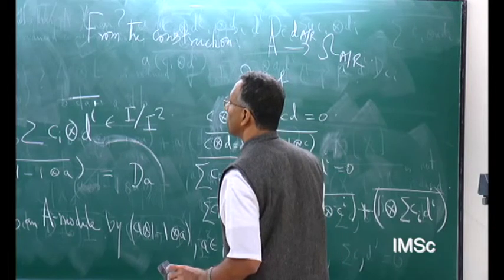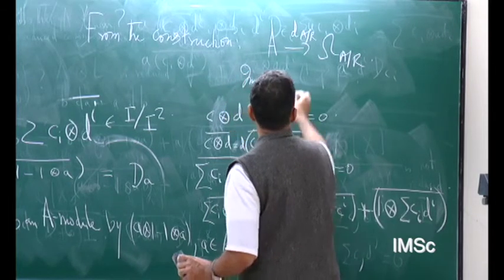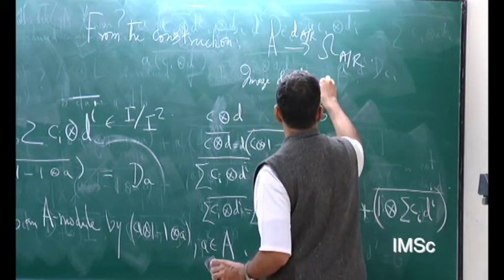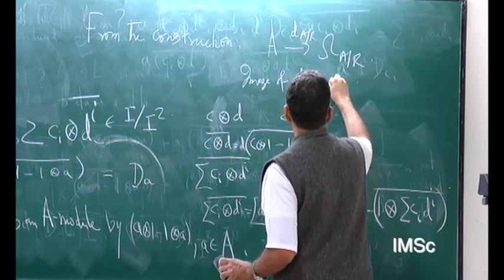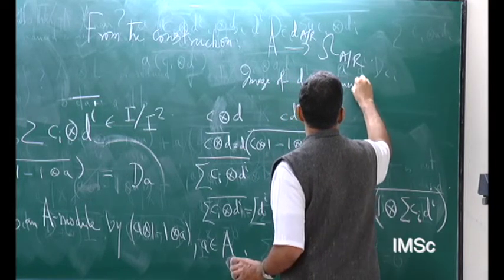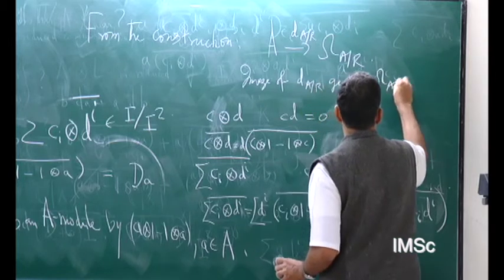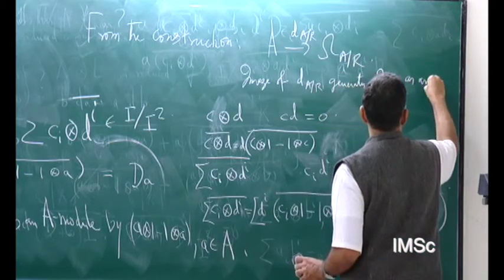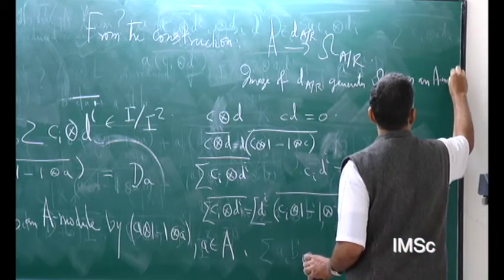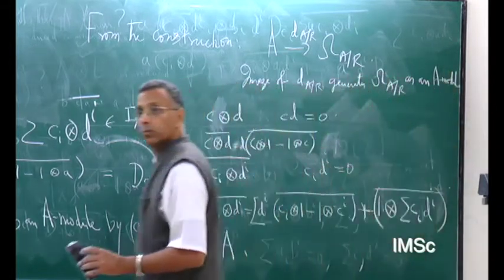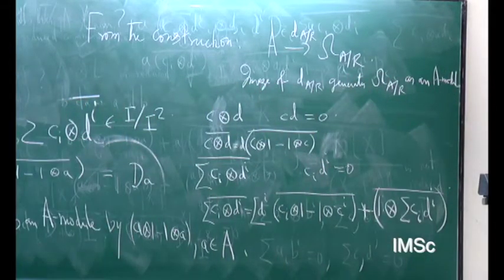Let me say it like this: the image of d A R generates it as an A module. Why was that?